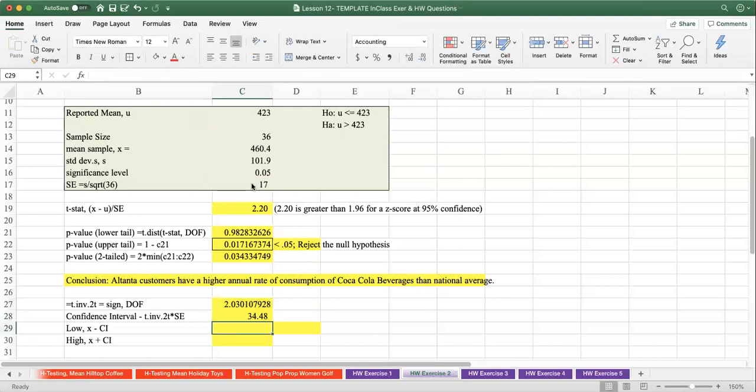Then we take x̄, which is right there, and we subtract that, and we take x̄ and we add that. You notice that 423 is not in that range. So that makes sense, that you would reject, because this is not in the range of values that you would expect to see if this is the sample mean. So it's just another way of getting some information to help support your contention.